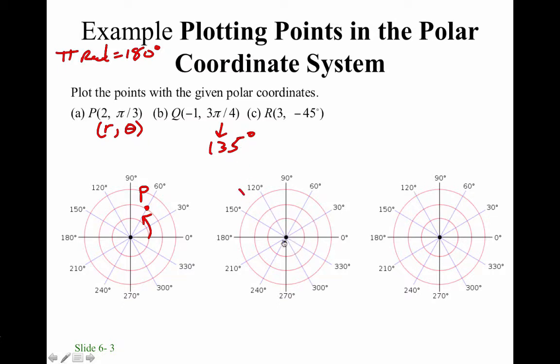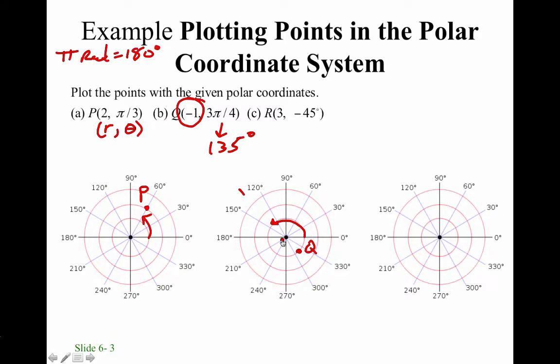And since it's negative 1, I turn to 135, but then I go negative 1, which actually takes me backwards 1 to there. And that's going to be point Q. So notice an r can be negative, but it just kicks you backwards the other direction.